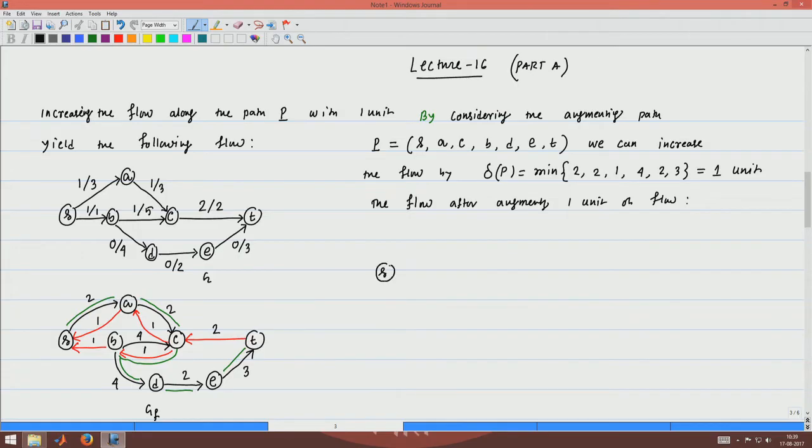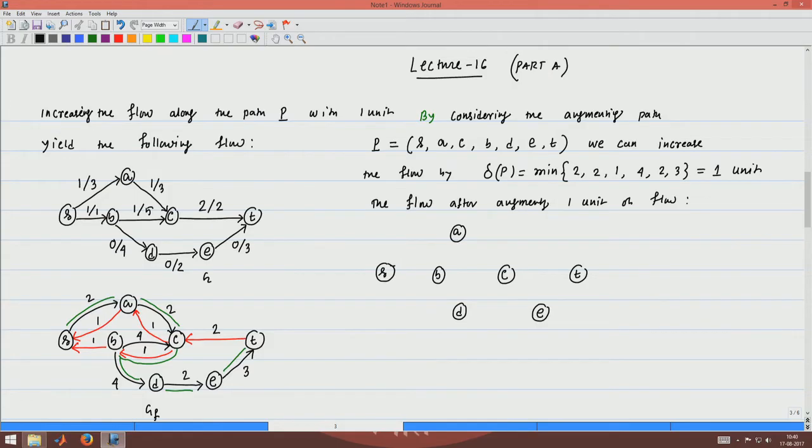This is S, A, B, C, T, D and E. Now the augmenting path is S, A, C. Along this augmenting path I am sending 1 unit of flow extra.